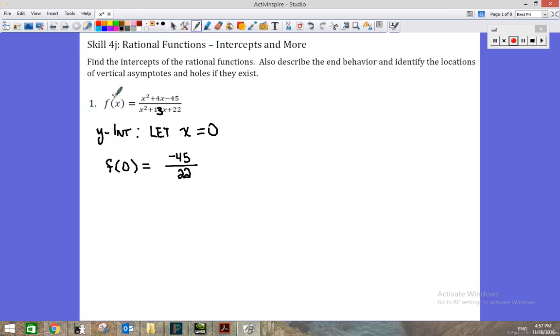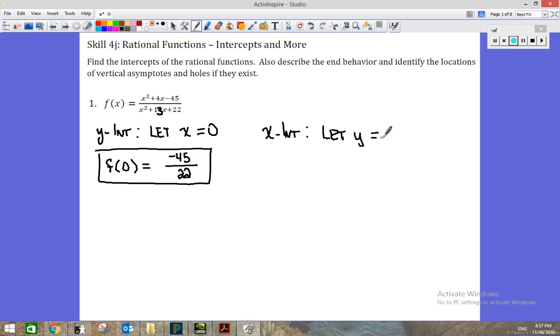Now, they want me to find the x-intercepts, and that's why I had you change that. Let's let y equal 0, the output of the function.